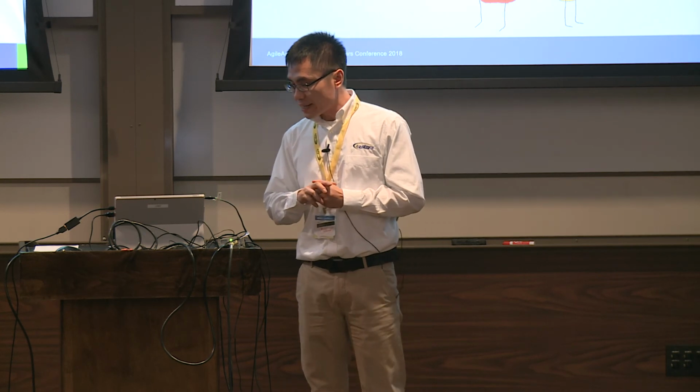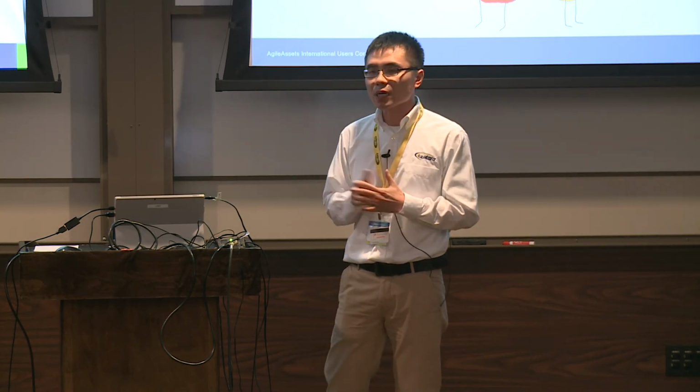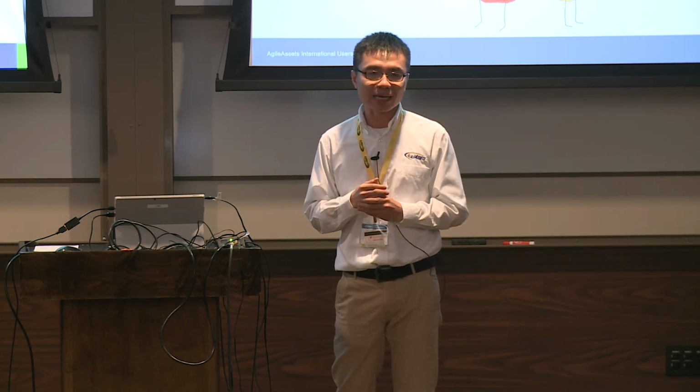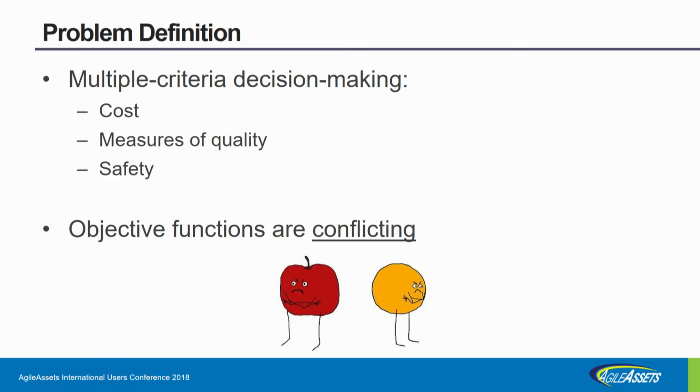We used to think comparing different asset types is like comparing apples and oranges. This is indeed true because different asset types have different costing methods, different quality and performance measurements, and more importantly, they can have completely different risk factors.